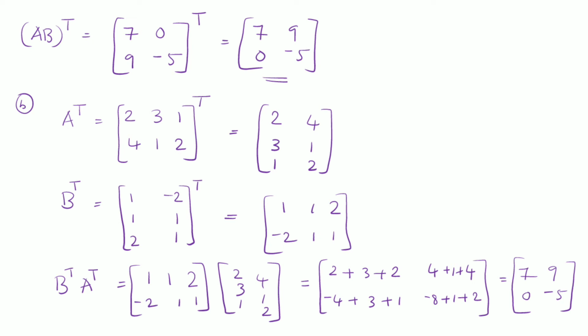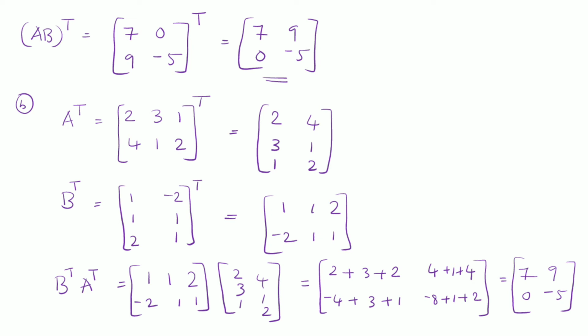The next question, you have to find the multiplication of B transpose into A transpose. So here A transpose is, you will write what is A, 2 3 1 4 1 2, and the whole transpose. So this first row will be changed to first column, second row will be changed to second column. Similarly, you have to write what is B transpose.